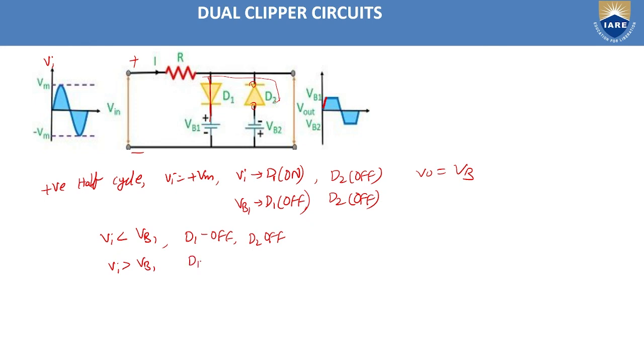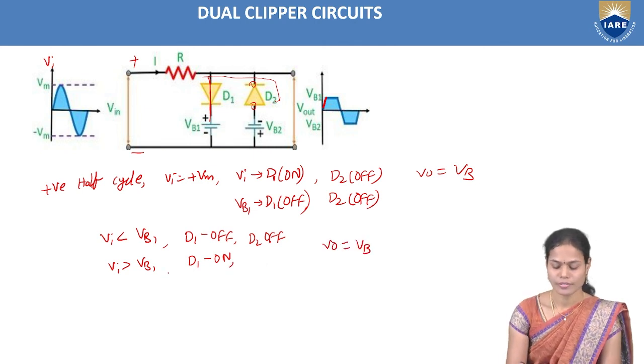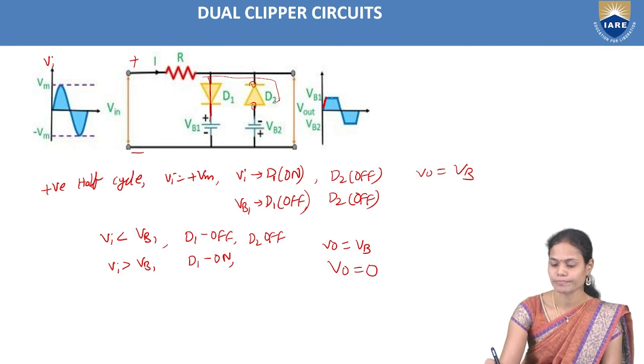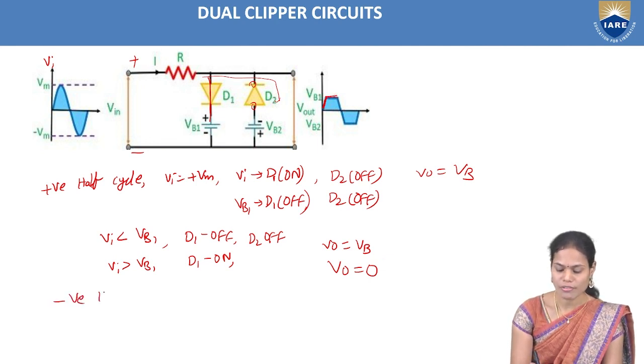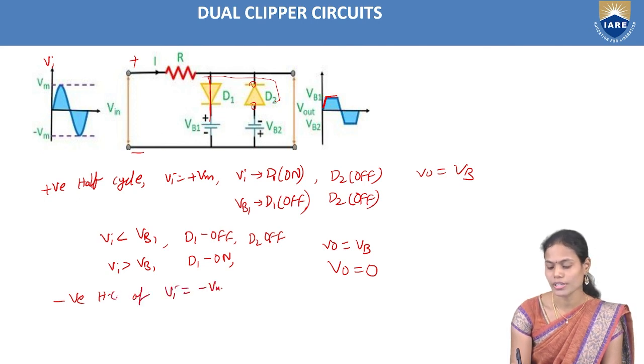But when Vi is greater than Vb1, the diode is in on state. So in this case my output voltage is 0.